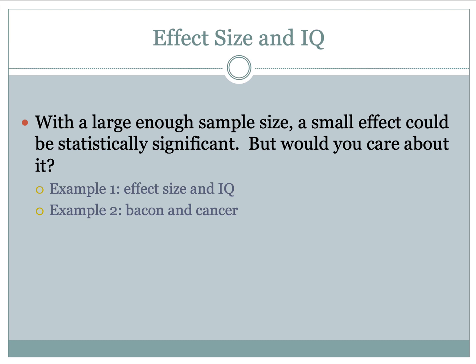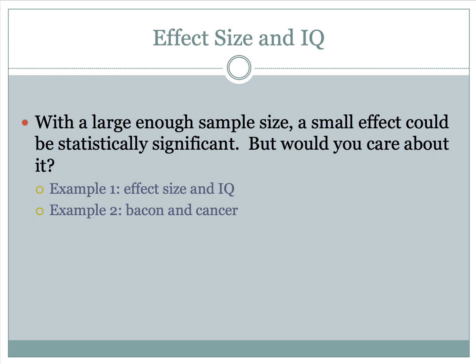Now, it's important to note that if you have a large enough sample size, you can have a statistically significant effect. So it's a real difference between your research groups, but it could still be a very small effect. This is one of the reasons that we are much more often including information on effect size these days if we're writing up a paper. We don't just want to know that there's a difference between groups.